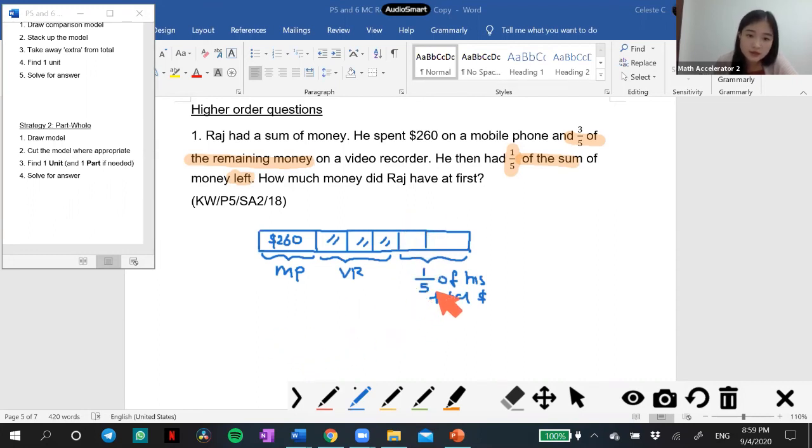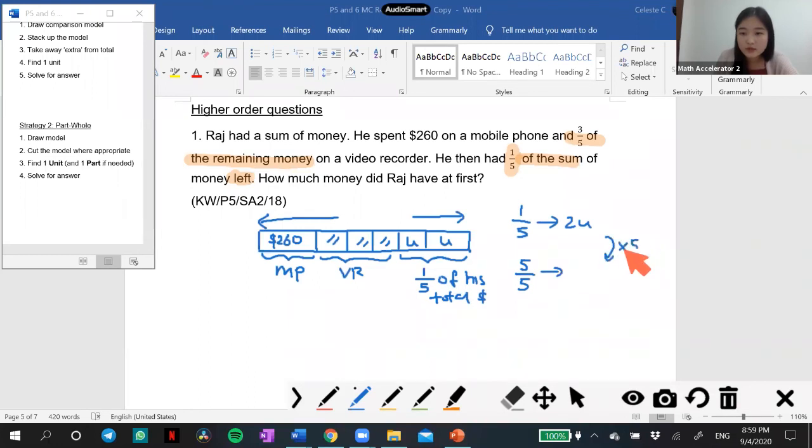So what does this tell us? You have 2 units. So 1/5 is 2 units. How do I find all of the units here? 1 whole, 5 out of 5. So times 5.